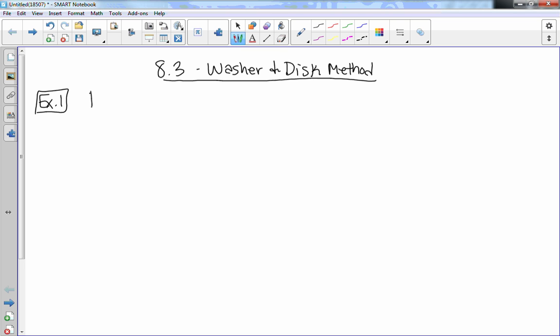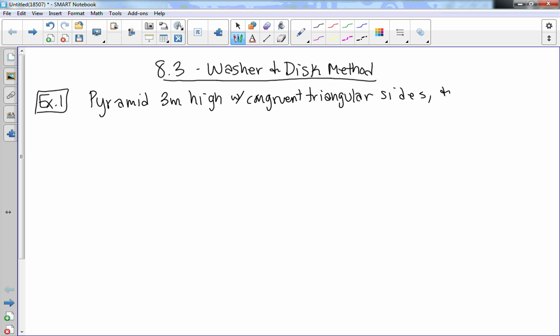So we have a pyramid 3 meters high with congruent triangular sides and a square base that is 3 meters on each side.